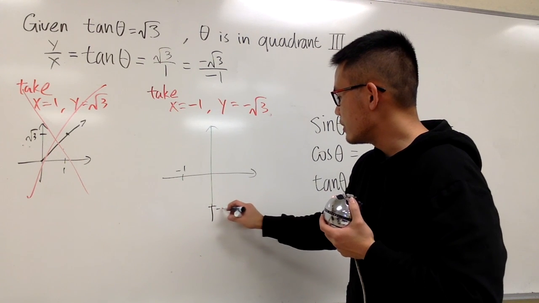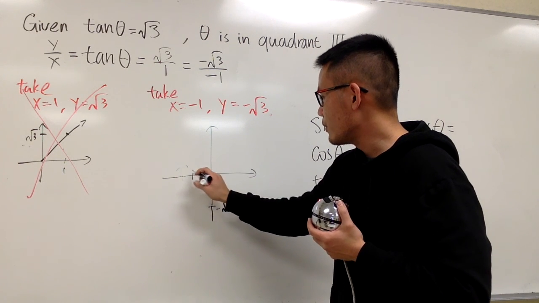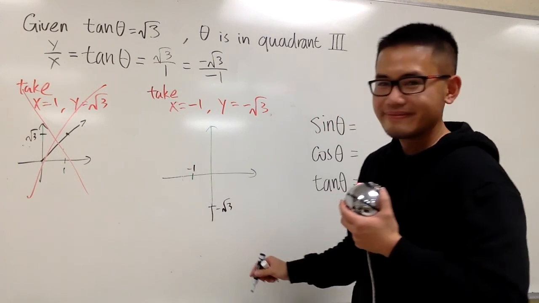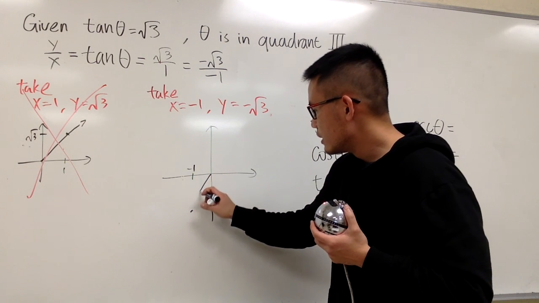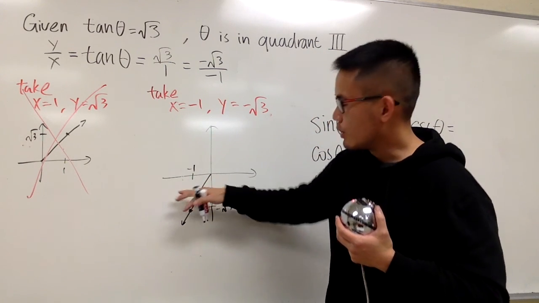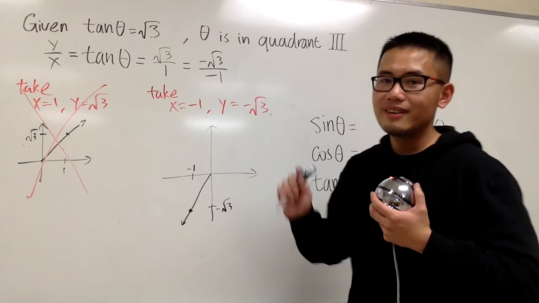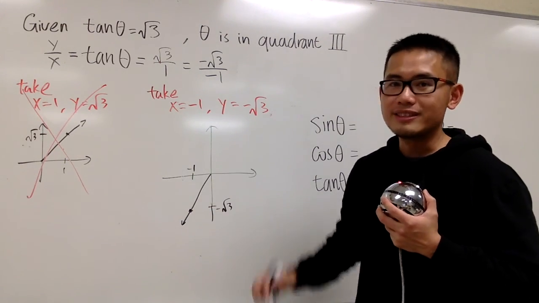Just to make it slightly more reasonable, let me put on the negative 1 right here. And we have a point, and you can draw the terminal side like this, and you see the angle theta will be in quadrant 3 right here, and that's what we need. It satisfies both conditions now.